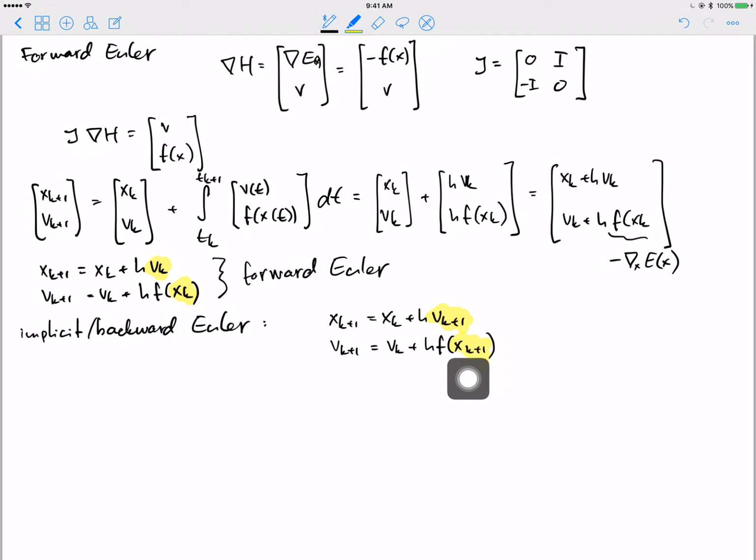Like imagine this f is some sine x or x cubed or some kind of polynomials in realistic elastic models. But it's a system of equations which you can solve using some numerical methods. And if you solve it, you actually get the xk plus 1 and vk plus 1, and that's the result of that integrator.